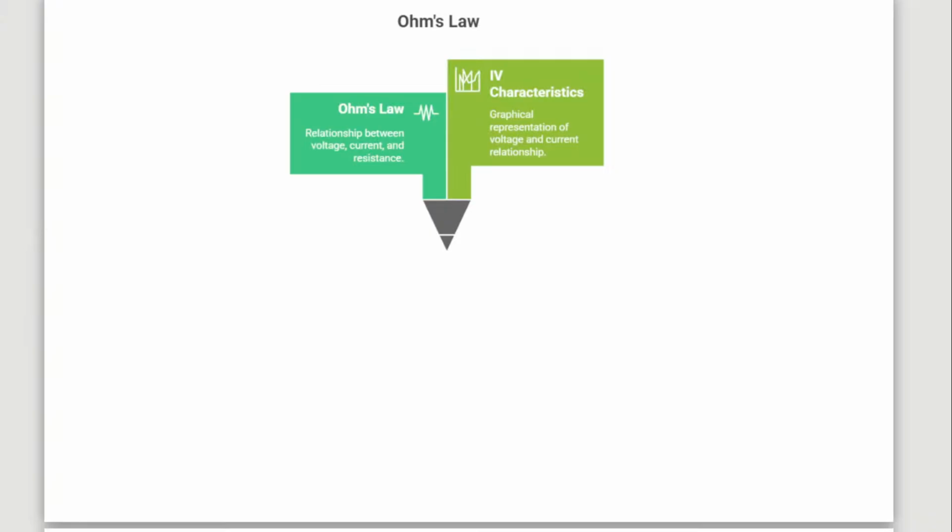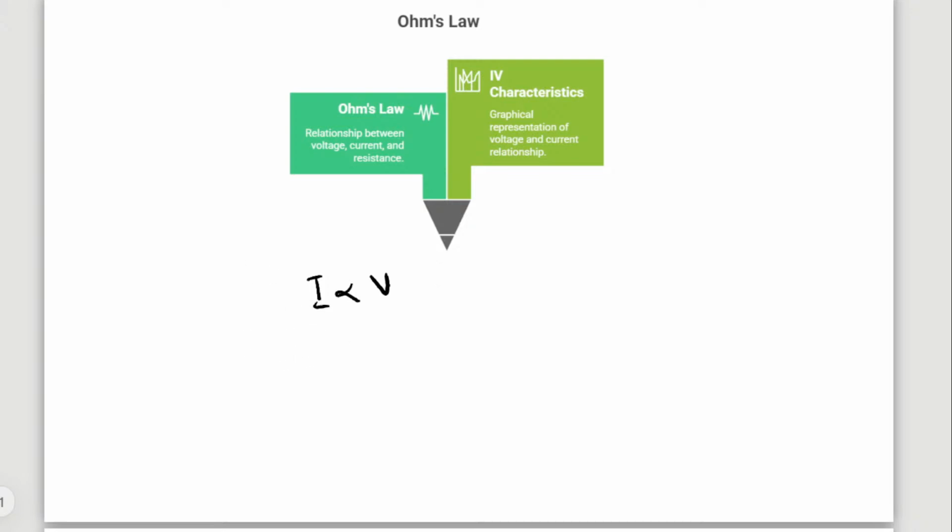Now I am jumping into Ohm's law. What is Ohm's law? The current I is directly proportional to V, or we can say V is directly proportional to I. Let me consider the first one here.